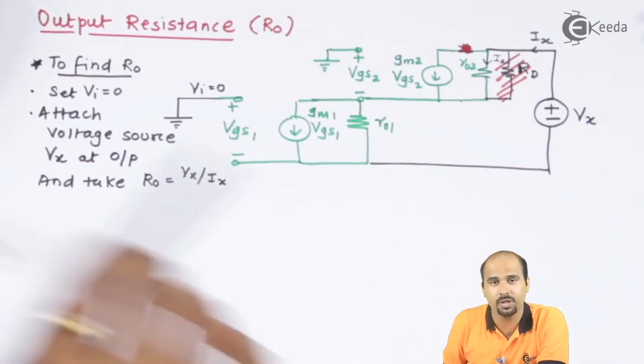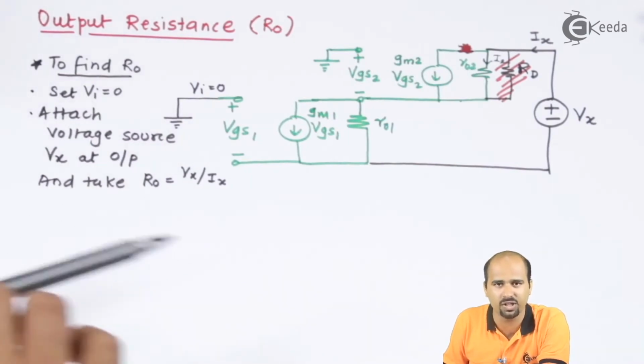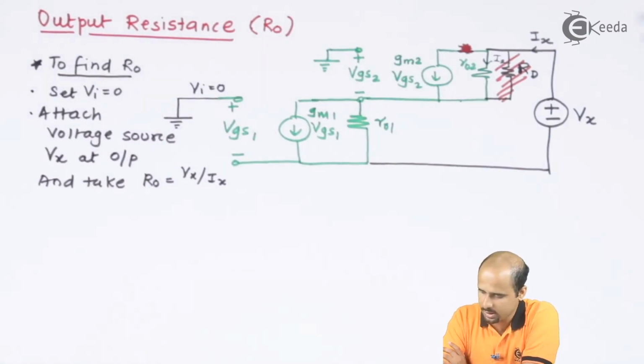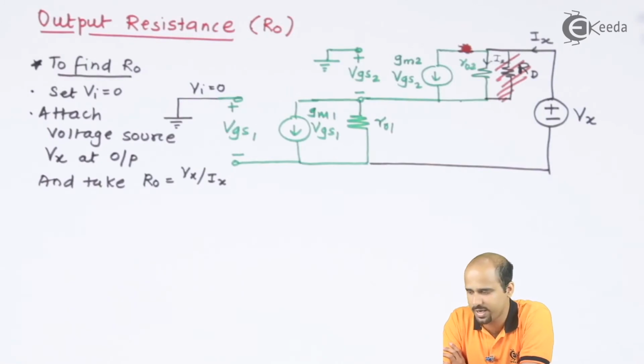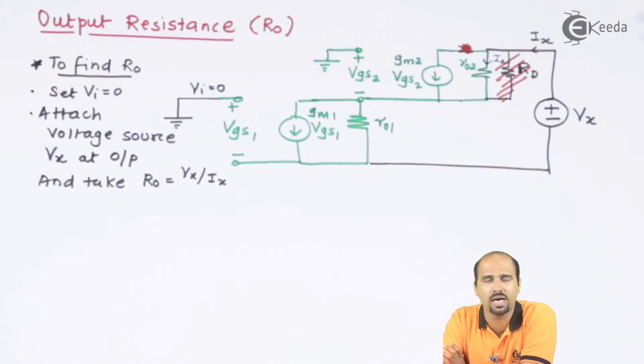As far as the method which we are adopting in this particular example is, we are forming another voltage source, that is dummy voltage source I can say, at the output side, and I'm connecting it properly, and I'm connecting the input voltage as short circuited.